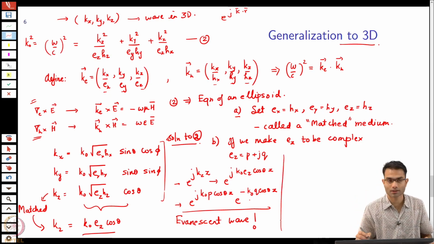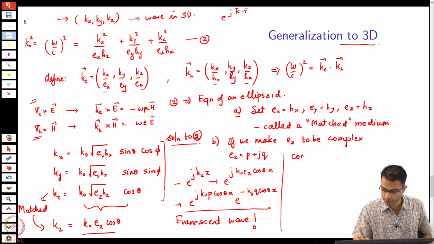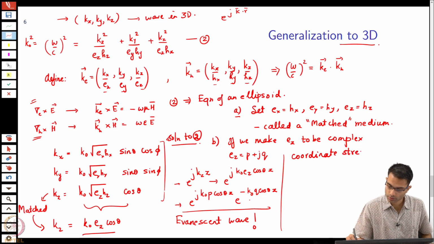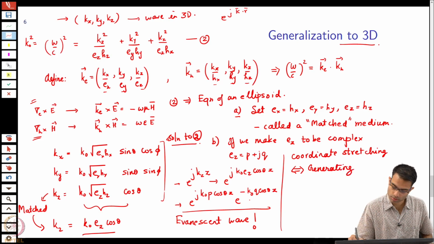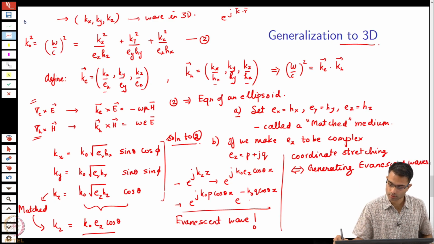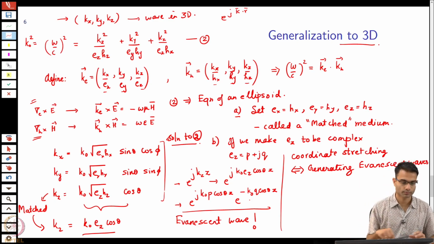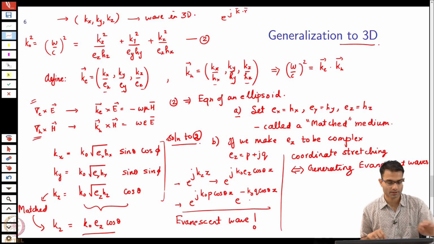So this is the connection between the two interpretations, that coordinate stretching is the same as generating evanescent waves.